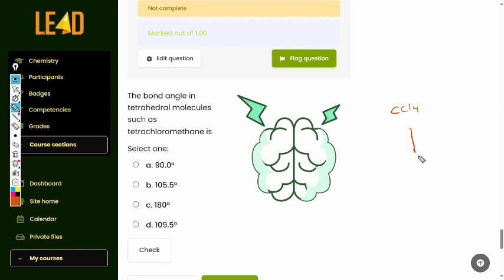So if you draw tetrachloromethane, there's carbon in the middle here. This is chlorine, this is chlorine, this is chlorine. So the image looks something like this. So the angle here is 109.5. So when you have a tetrahedral molecule, the angle there is 109.5. So the correct answer is D.